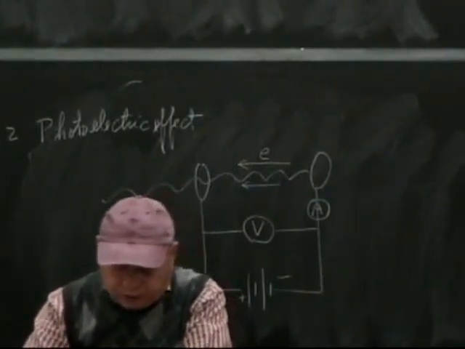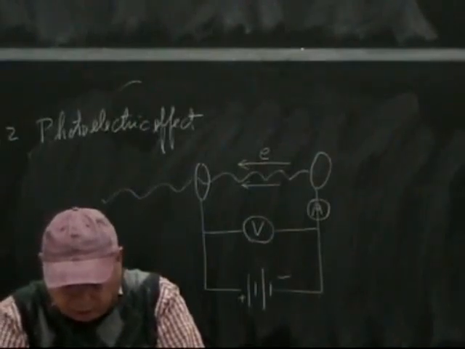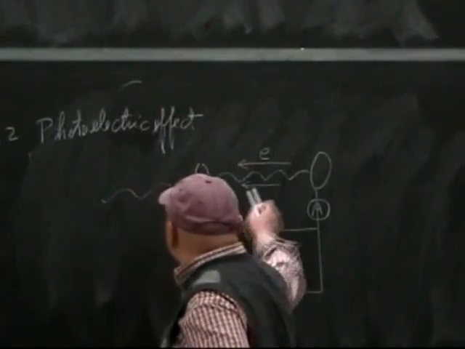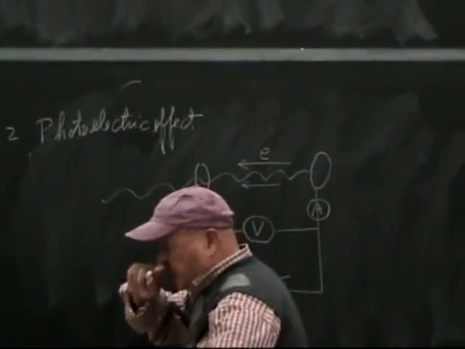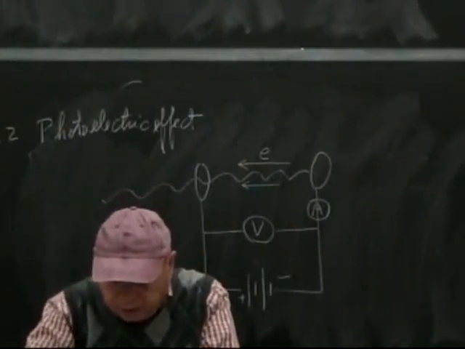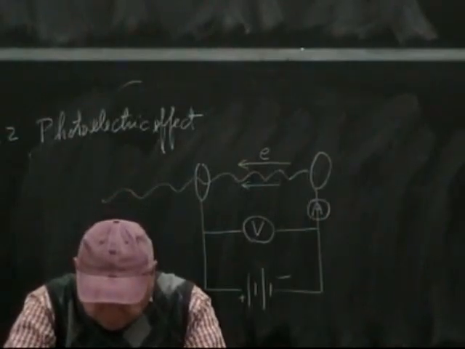But the experimental result is that the maximum kinetic energy of the photoelectron is independent of light intensity. No matter how much light intensity goes in, it doesn't change.